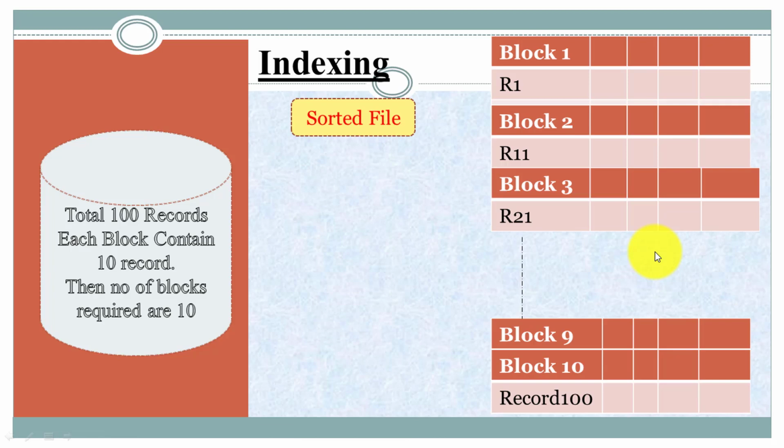As we discussed in the previous video, we can apply binary search. While searching for any record, we first have to find the block, then go to that particular record inside the block. Once the system gets the particular block, it can find the particular record from that block very easily.